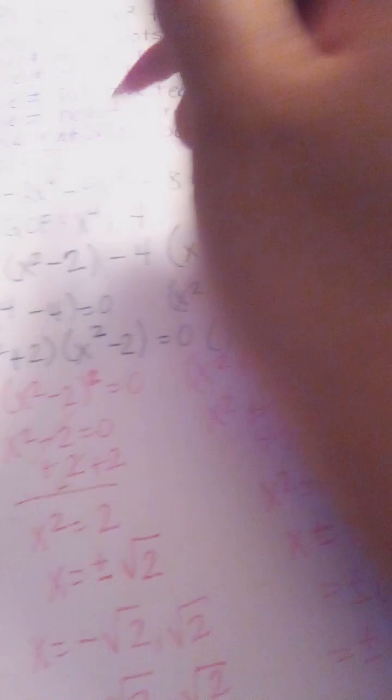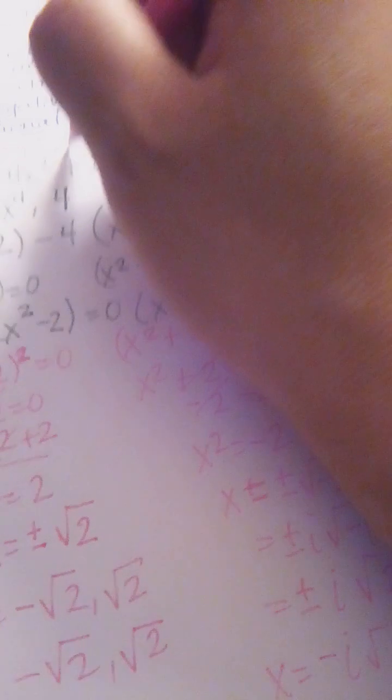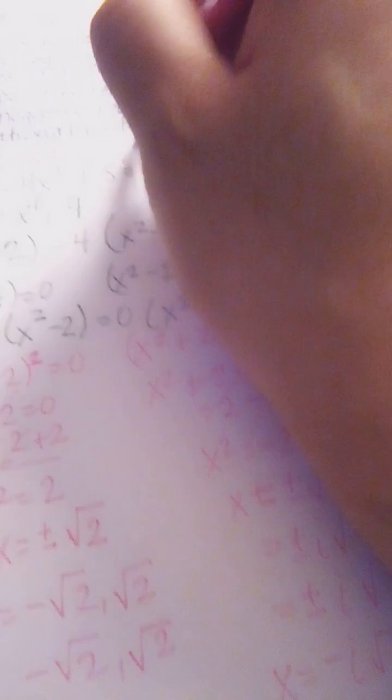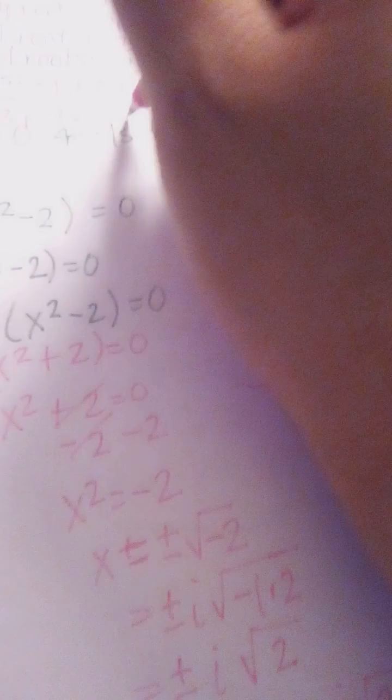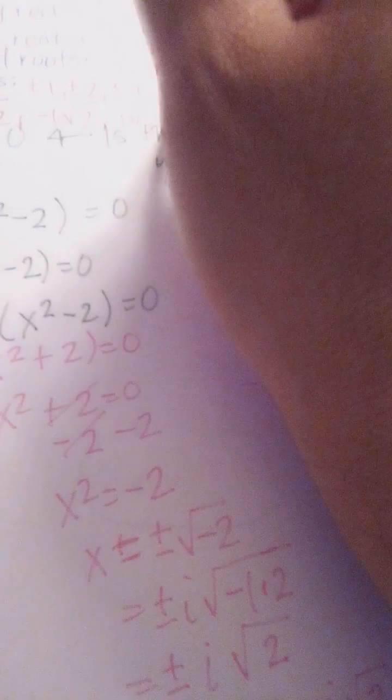And then our last answers will be, for the roots, we have negative square root 2 twice, because I'm going to tell you why. Negative square root 2 twice, a positive square root 2 twice, and then we have negative i square root 2 and a positive i square root 2.